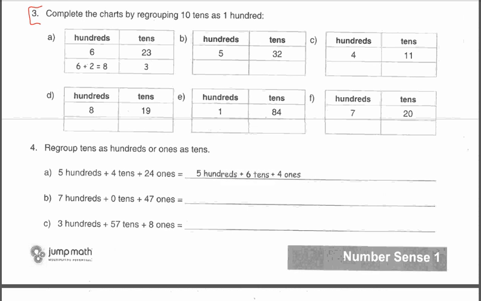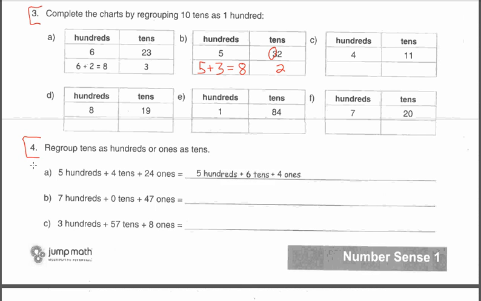So on our assignment, we're going to have to write these 32 tens. If I already have 500, I'm going to have to say 5 plus 3 because these 30 tens equals 300. So that's 8 hundreds. And how many tens are left over? 2 tens are left over. Okay, finish off question 3.